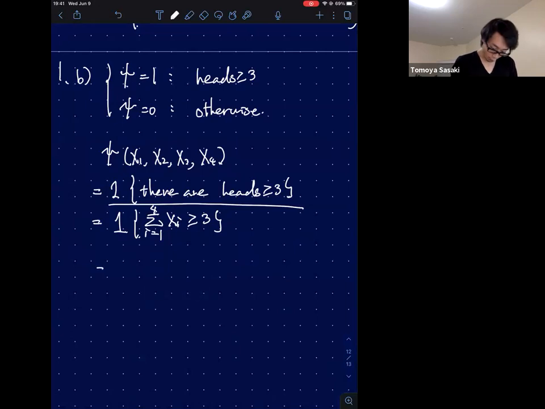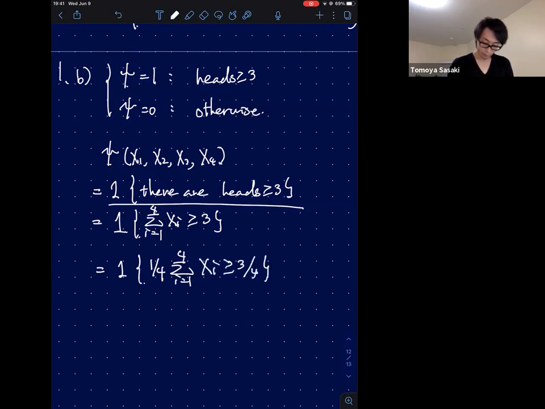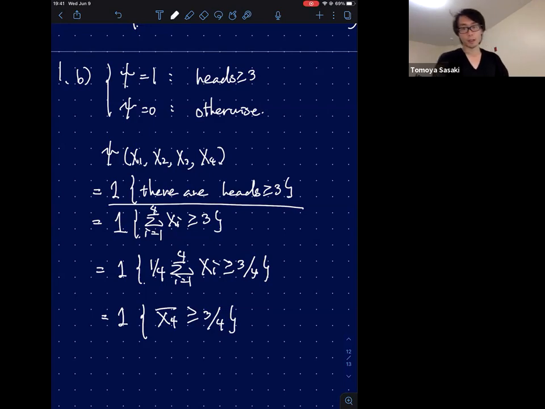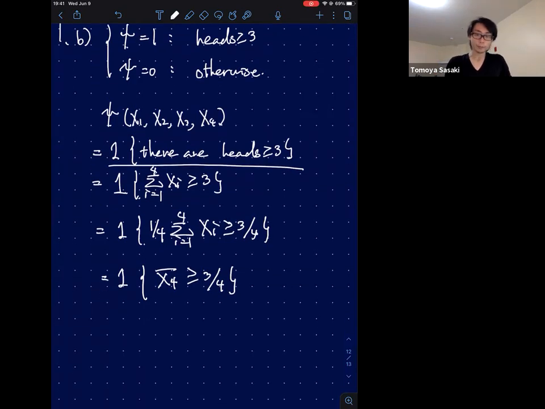And we can actually rewrite this in terms of the sample mean by simply multiplying both sides by a quarter. Then we get the sample mean on the left hand side, and 3/4 on the right hand side of this inequality.